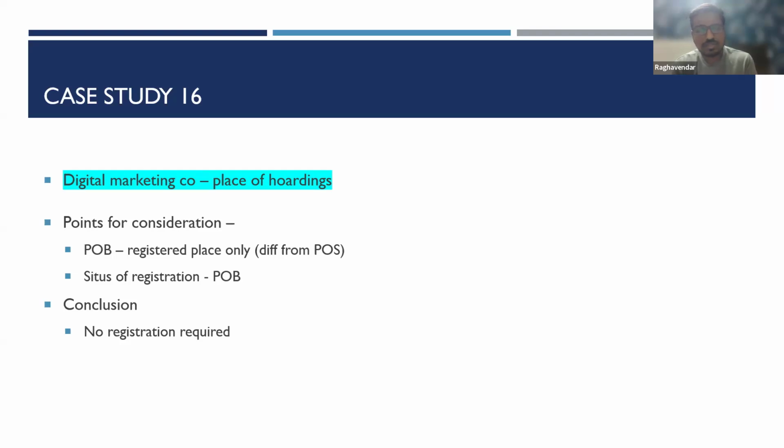The registration is based on the place of business and not place of supply. So registration should be of the place from where he is conducting the business, not the place of the hoarding. So all the temporary locations where hoardings are placed will not be required to be added as an additional place of business, is my understanding.